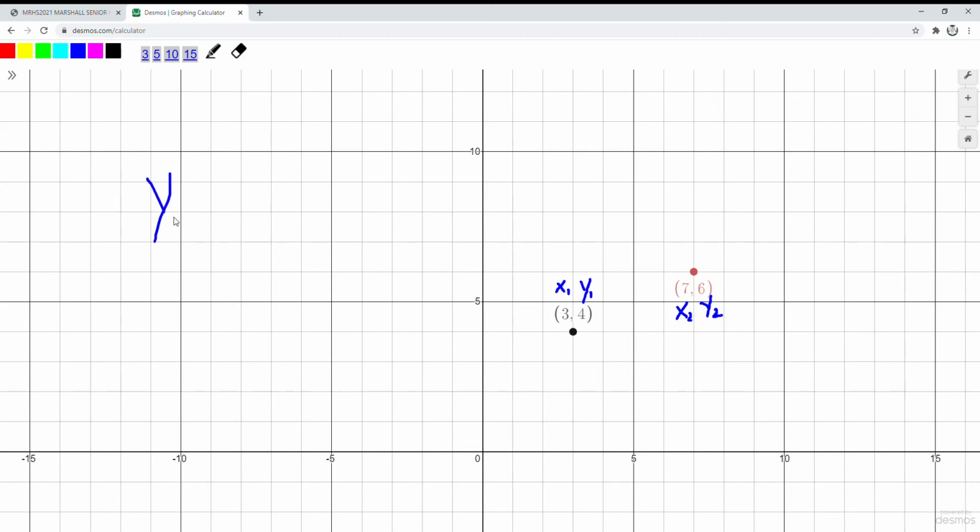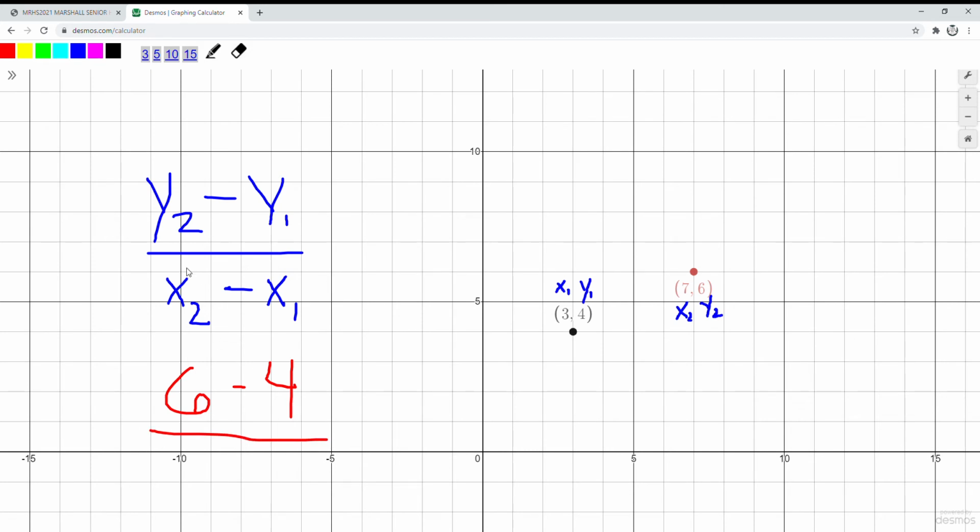It is y2 minus y1 divided by x2 minus x1. So I can just substitute in the values that I have right over here. So when I see y2, I'll go right here and say, well, y2 looks like that is 6. So let's write that. y1, well, right here's y1, it looks like that is 4.